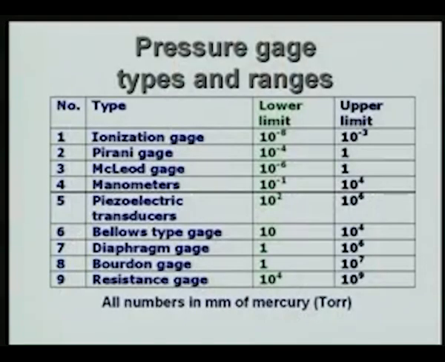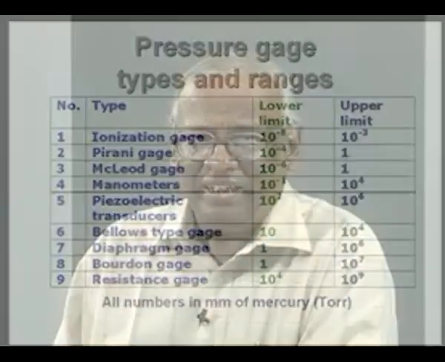So, the membrane is one electrode of a capacitance, and you have an anvil which is going to be a fixed electrode, and by the application of the pressure, the membrane is going to undergo a change in shape, and because of this the spacing between the two electrodes is going to change, and because of that the capacitance will change. So, a capacitance gauge which measures the pressure is essentially a diaphragm gauge where the spacing between two electrodes is going to change.